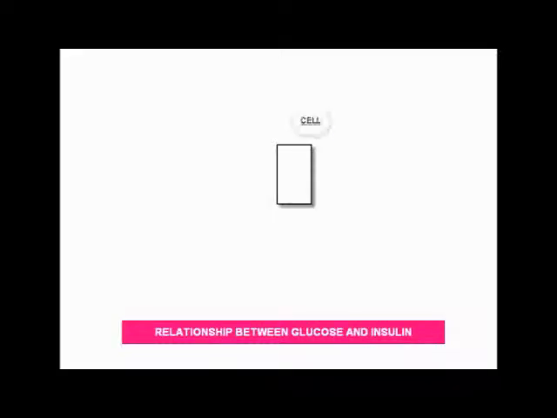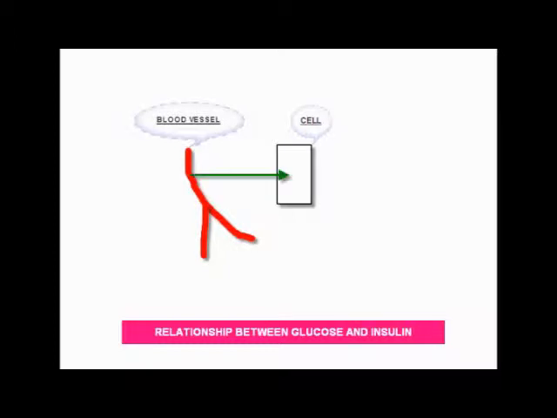This is a cell, and this is a blood vessel which carries blood. The blood vessel has blood in it which has glucose in it. Now this glucose needs to go into the cell so that the cell can function properly.